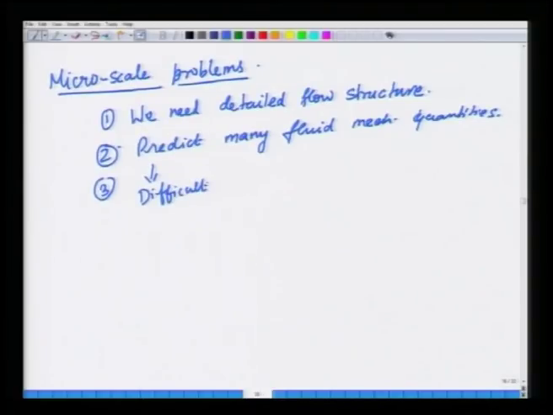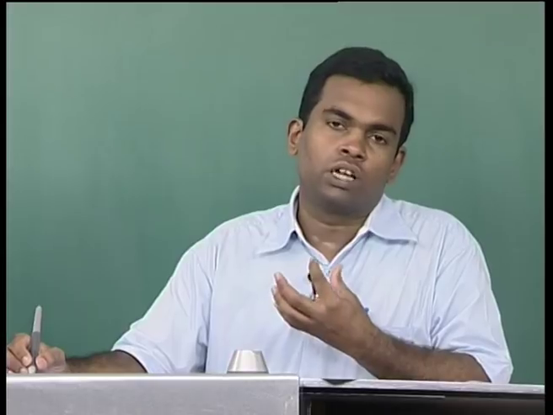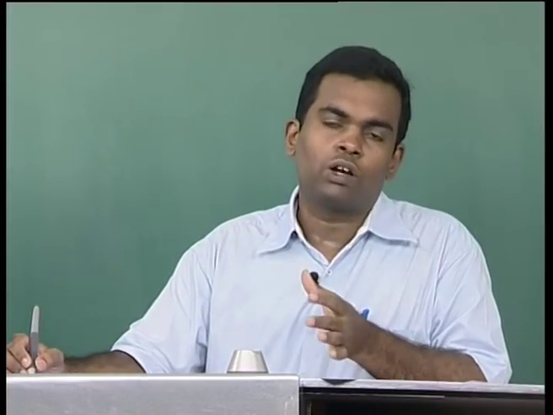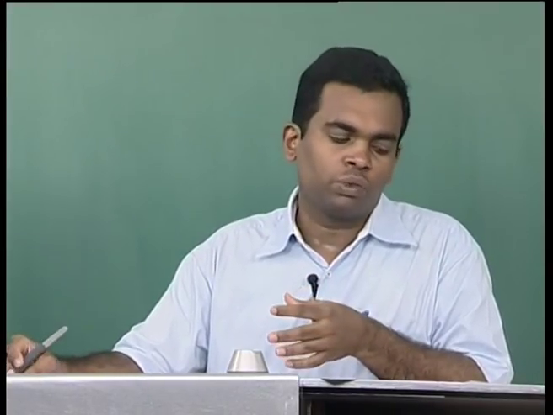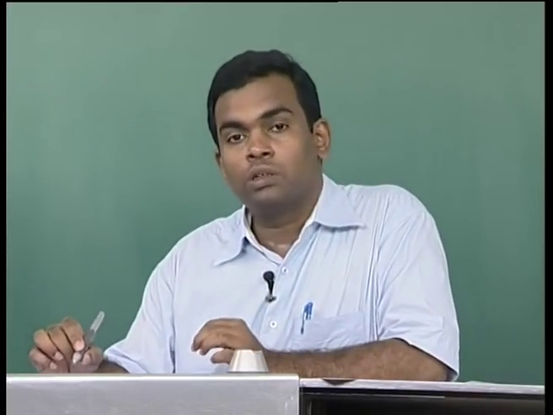Obtaining the detailed flow structure in a micro scale problem is generally difficult, because as we will see later, the equations that govern the fluid flow are fairly complicated, so you cannot generally solve them for any problem that we want. But nonetheless, it is important to understand that in many problems in chemical process industries, the detailed, micro scale nature of the flow is important in the functioning of the process itself.